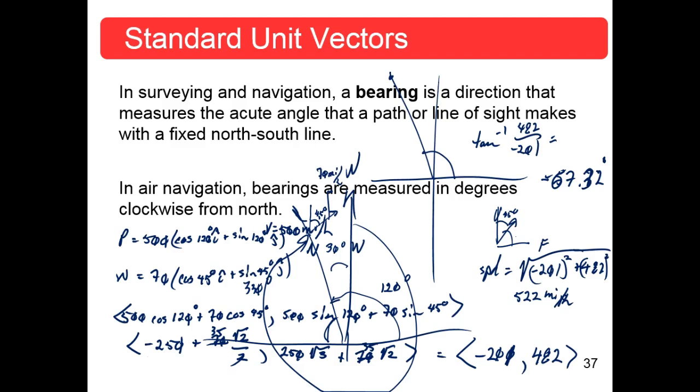Add 180. Because remember, the inverse tangent is only defined from negative 90 to positive 90. So when you get an angle here, and you know it's the wrong direction, add 180 to it. So add 180 to negative 67.32. What do you get?